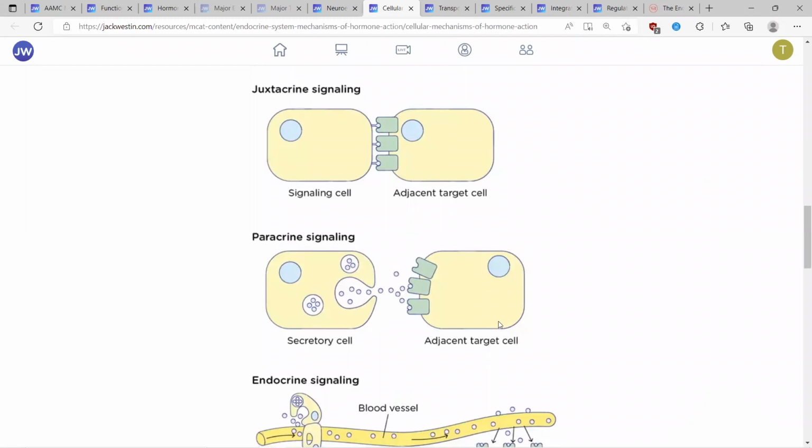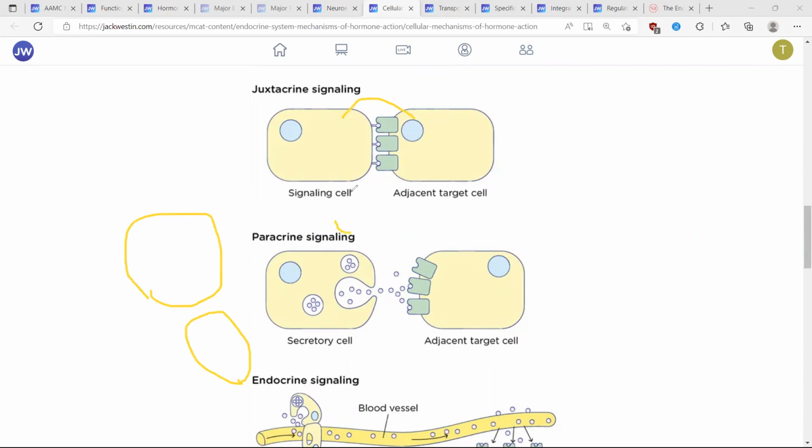To make this a little clearer, it doesn't just have to be one-to-one like it is here. There could be another cell here, or another cell here, or another cell here. In paracrine signaling, all of these would get affected by the release of transmitter or signaling molecules. That's the difference between juxtacrine and paracrine signaling.